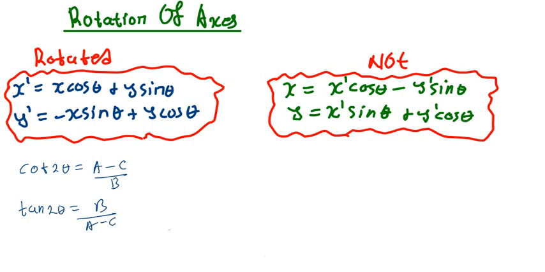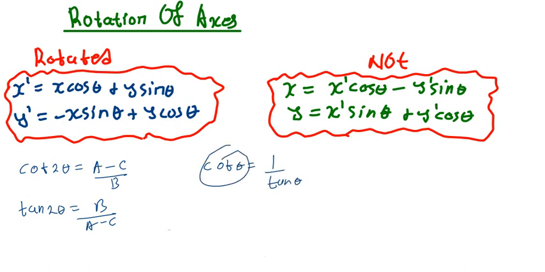Okay, so if you are familiar with trig identities, you know that cot theta is nothing but 1 over tan theta.